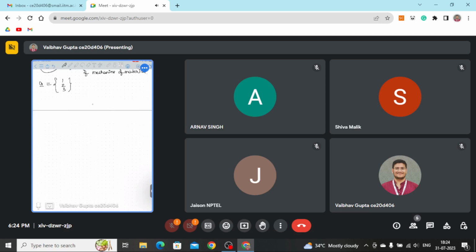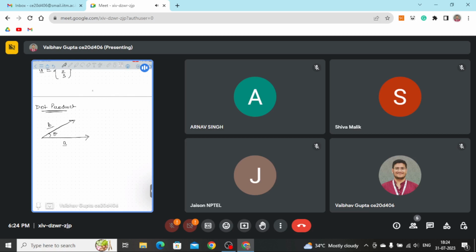So going ahead, what is a dot product? Suppose we have two vectors. This is vector A, this is vector B, and this is an angle theta.